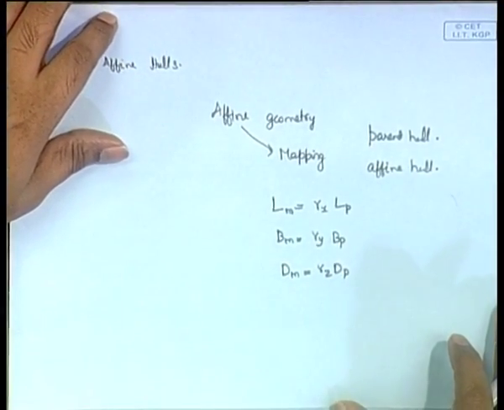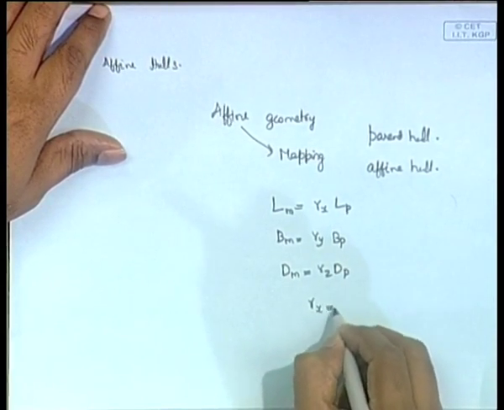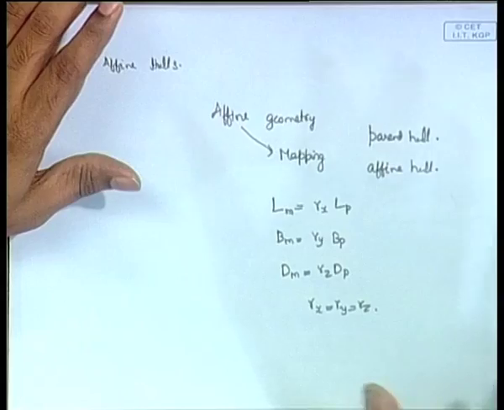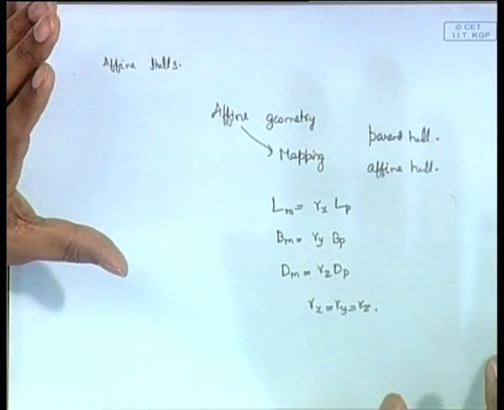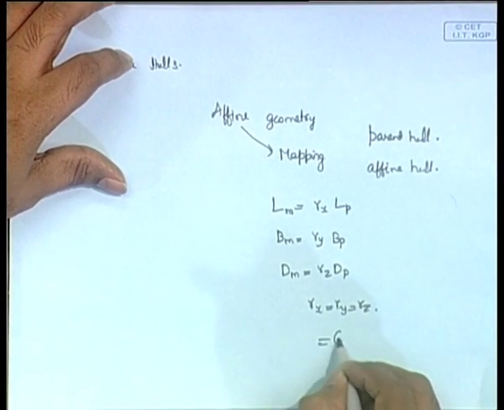Now, of course, it is possible that r x is equal to r y equal to r z. It is a particular case of this mapping. This process is called affine mapping. So you are transforming from a ship to a model. That process is called an affine mapping, and the hull is called an affine hull. The particular case when r x equals r y equals r z is called geometrical similarity.